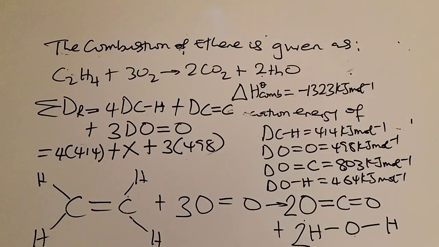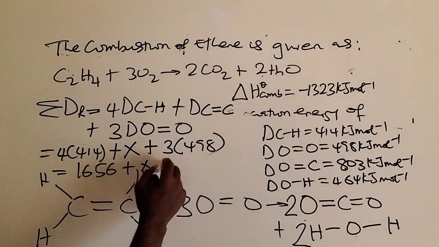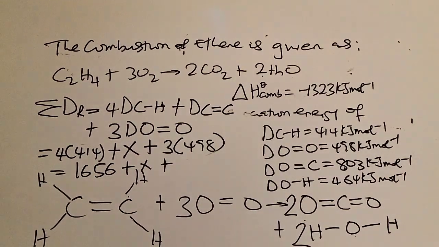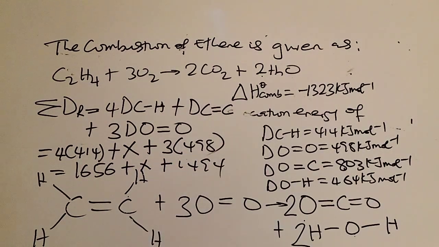Let's just write it out first. It will be 1656 plus S plus 1494.